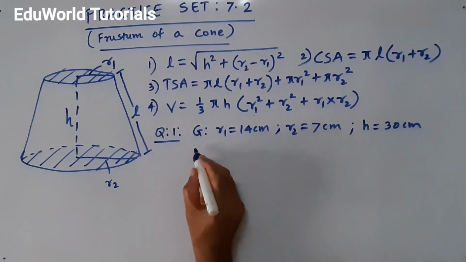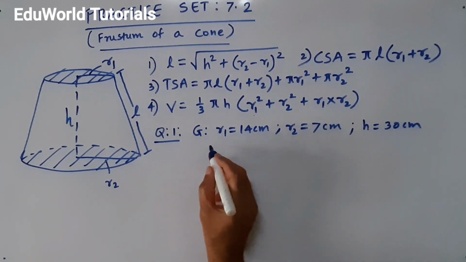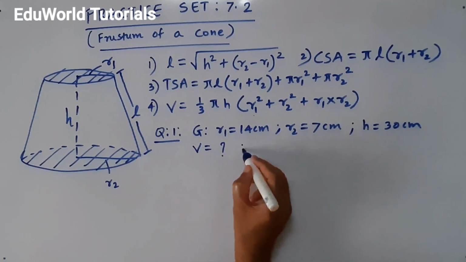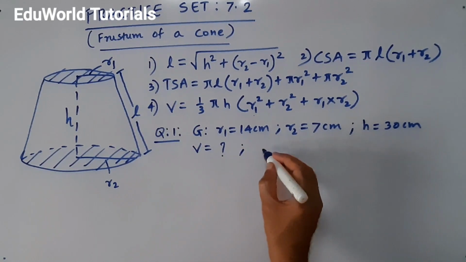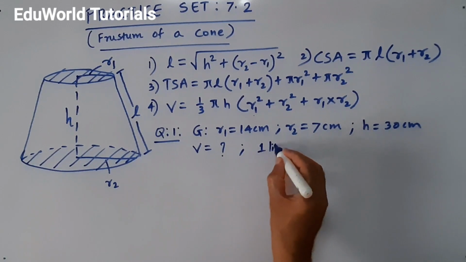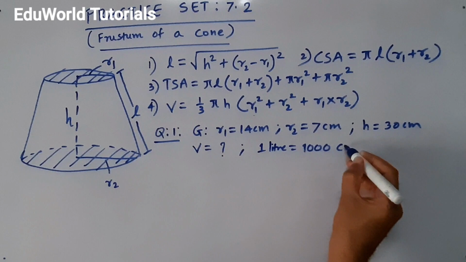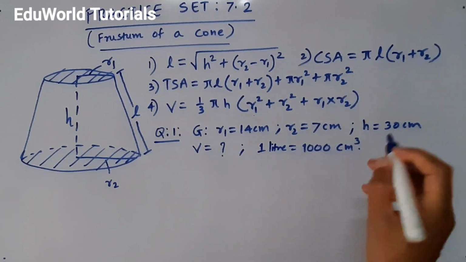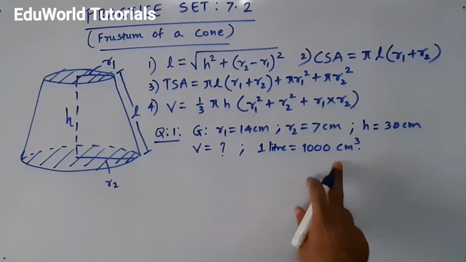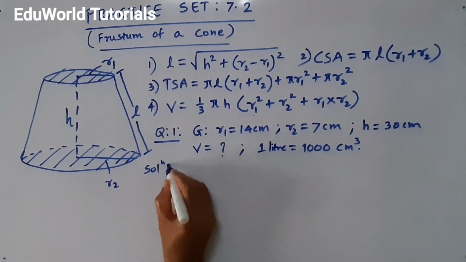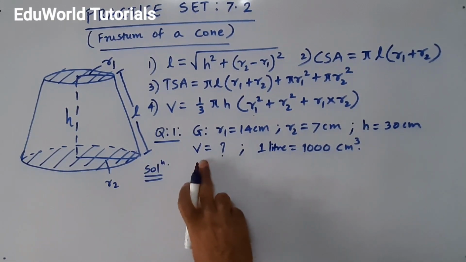They have asked how many liters of water can it hold? That means we have to find the volume of the frustum. Also they have given that 1 liter is actually 1000 cc. Cc means centimeter cubed. So this is how the question is given. Now we have to solve. In the solution we have to find the volume.